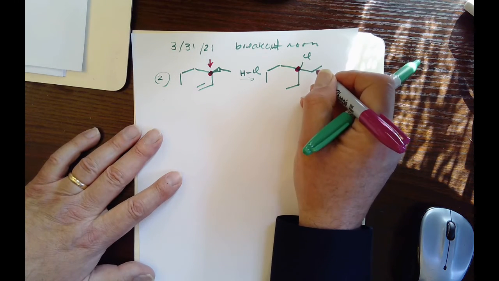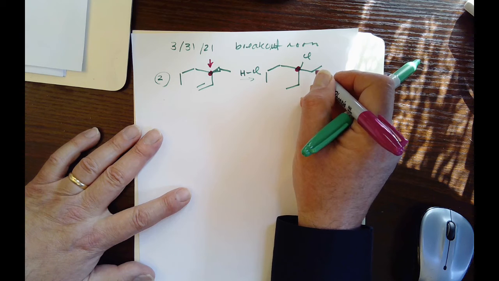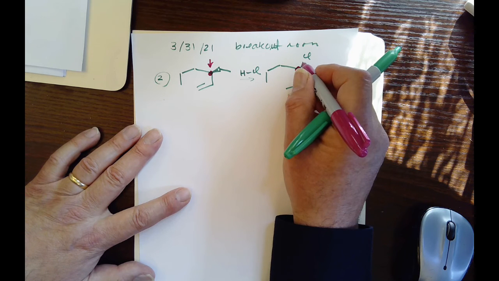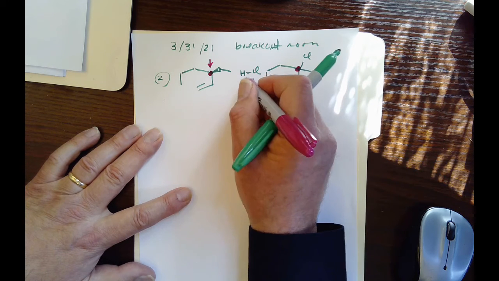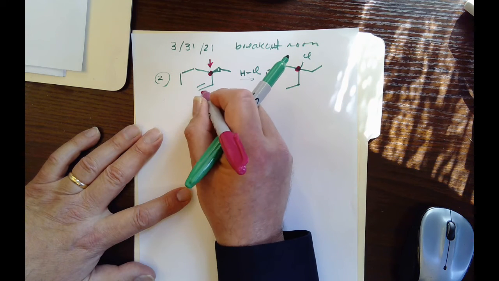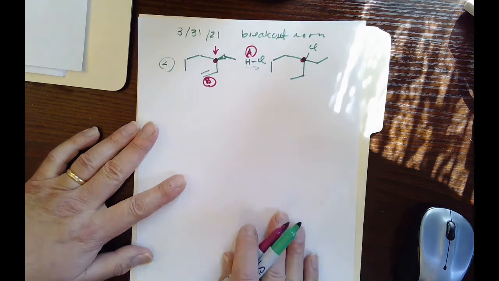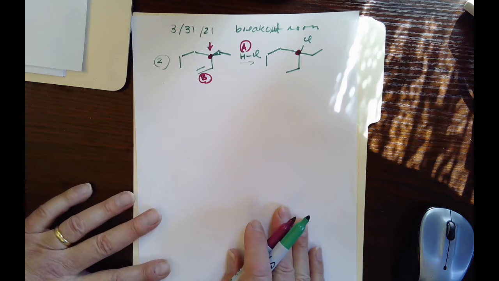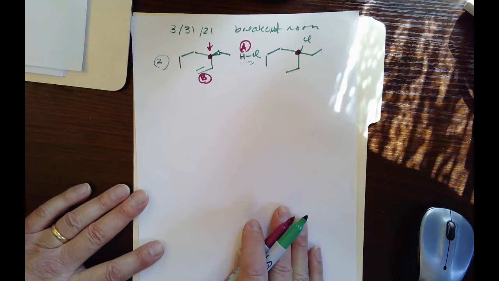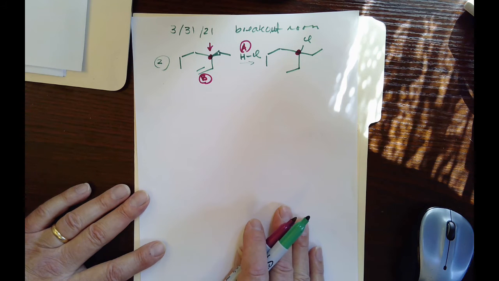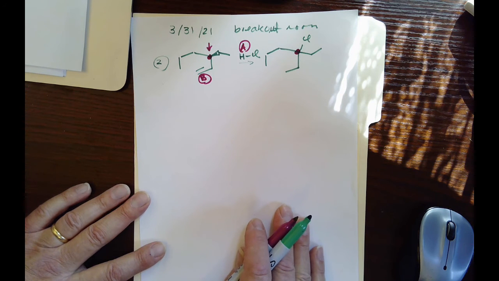It's not showing any bond coming toward us or going away from us. We still have a pi bond, which is a base. We have an acid. Again, in most cases, a combination of acid and base in the pi bond system generates a carbocation. And that carbocation in this case has rearranged.